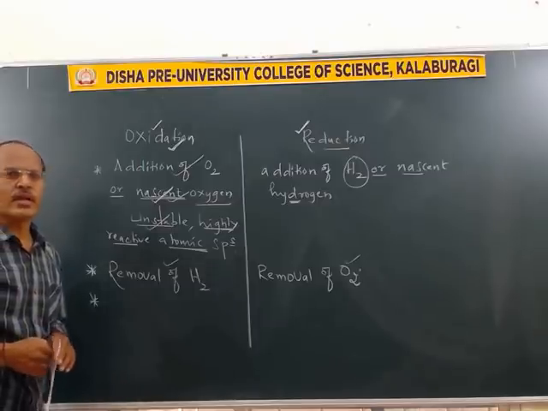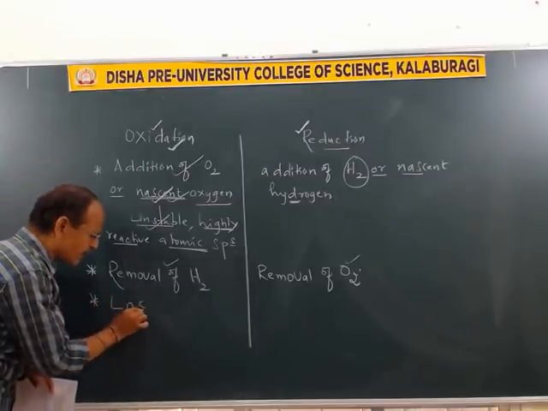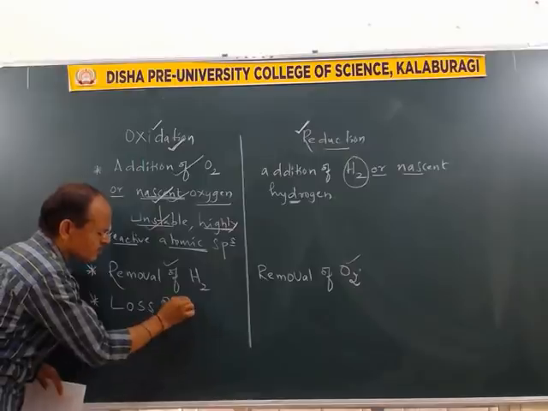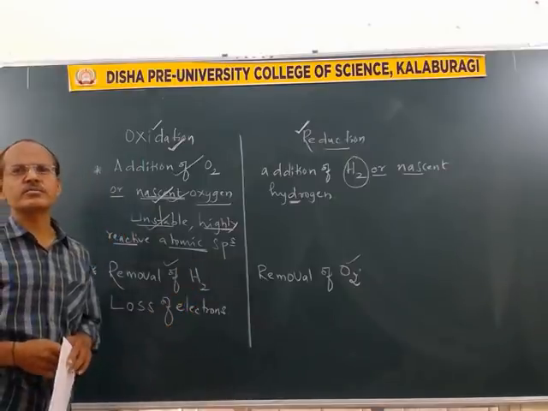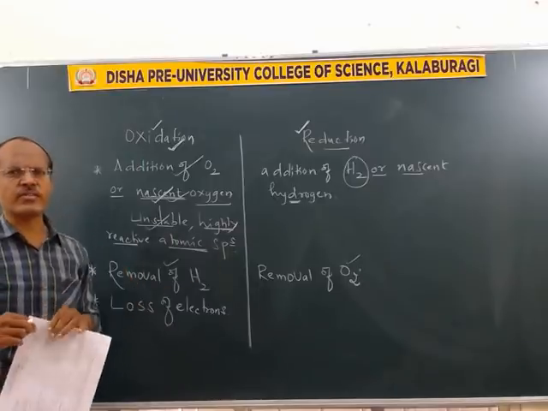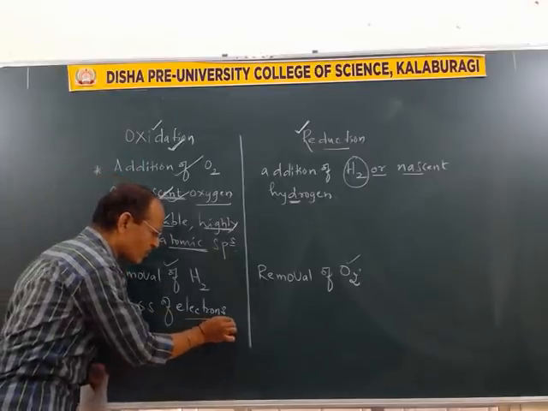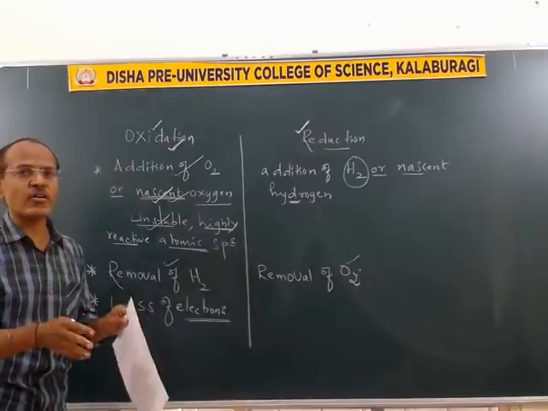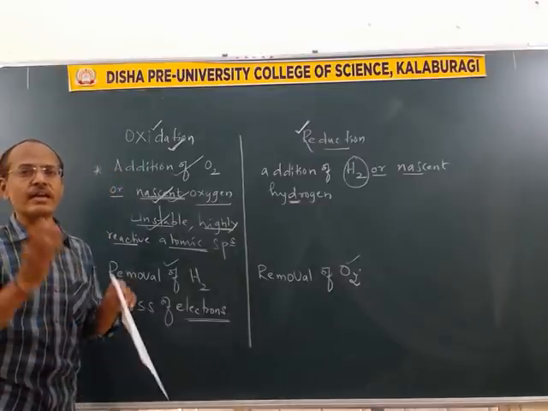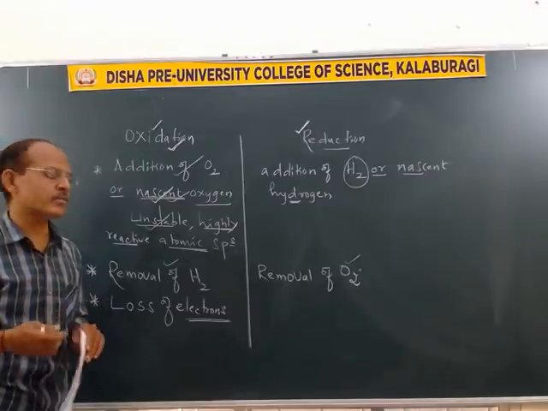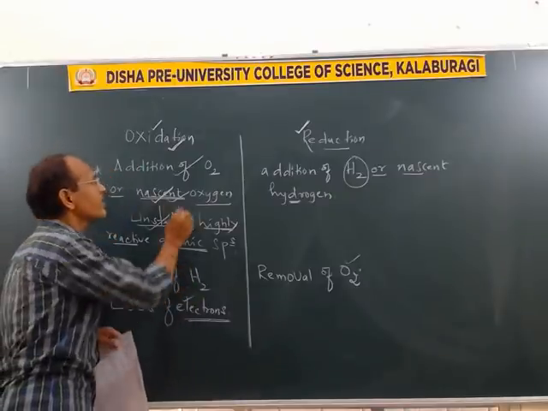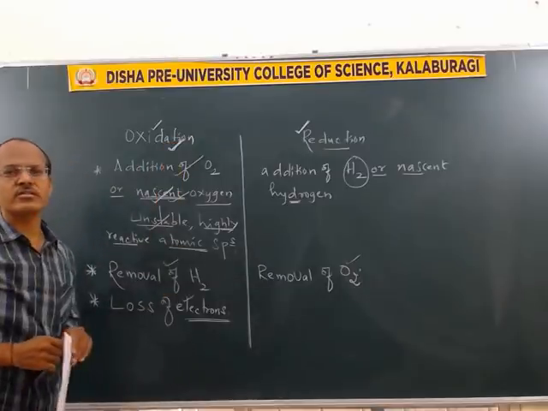Third, loss of electrons. That means during the process, if electrons were removed, if electrons were lost from the reacting species, then we call it purely oxidation.